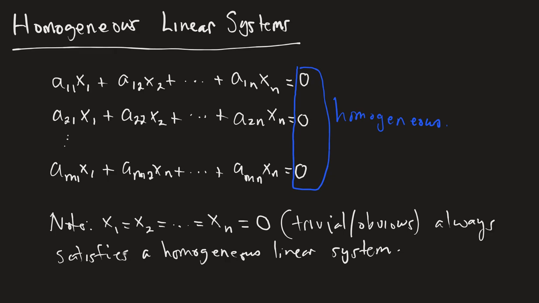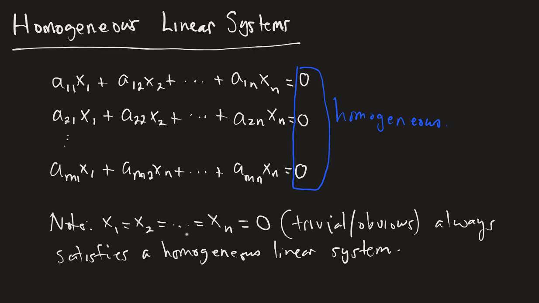So what this means is, therefore, homogeneous linear systems always have at least one solution. They have this solution. The question is, do they have infinitely many?